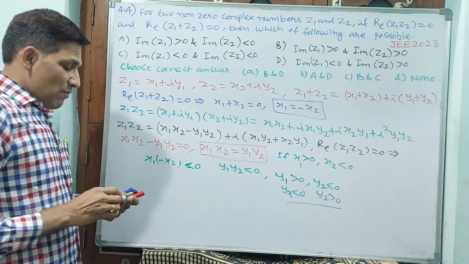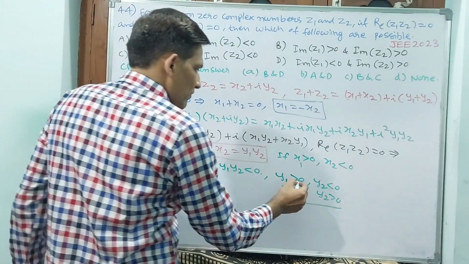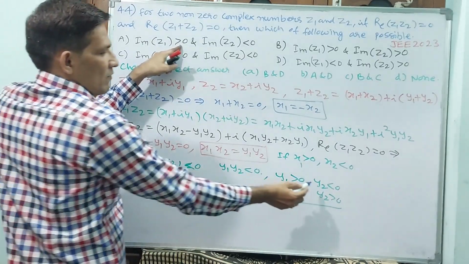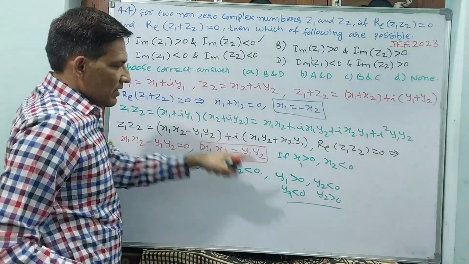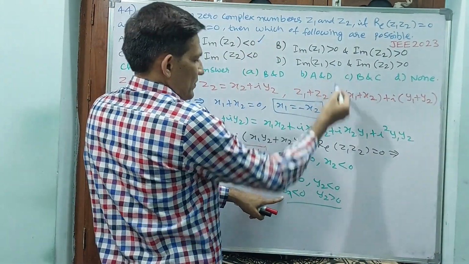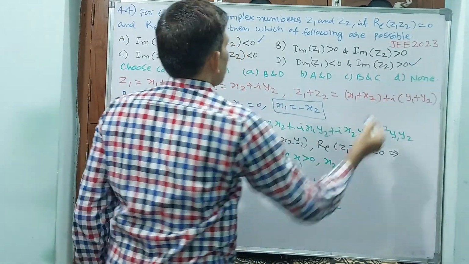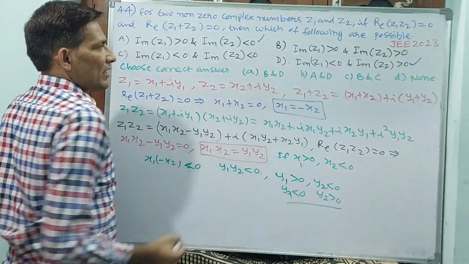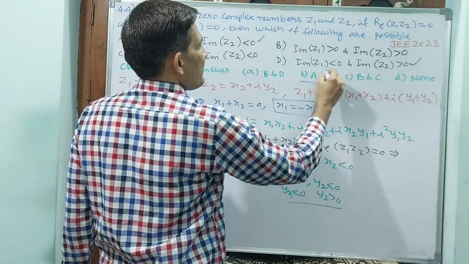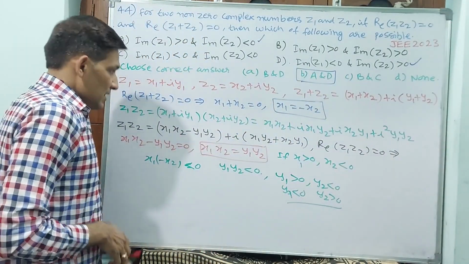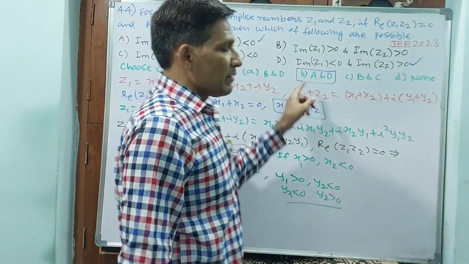That means here both cases you should have. This is also correct. That means A and D are correct. A and D means they are B. This is your answer. Small b is your answer.